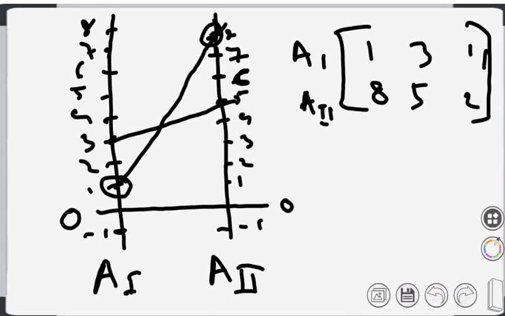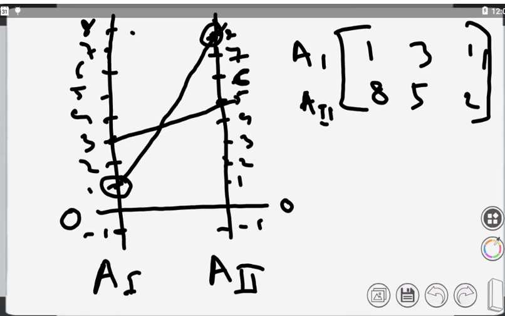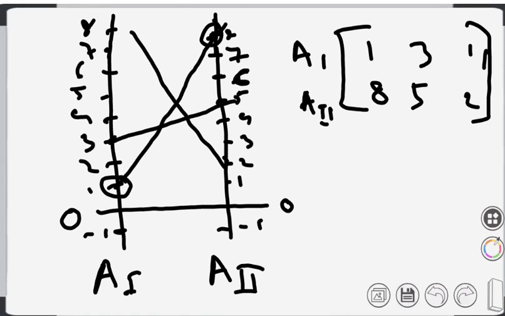Finally, 11 and 2. In my graph 11 cannot be shown, so please draw your 11. 11 will be a little bit higher up and 2 is here, something like this.